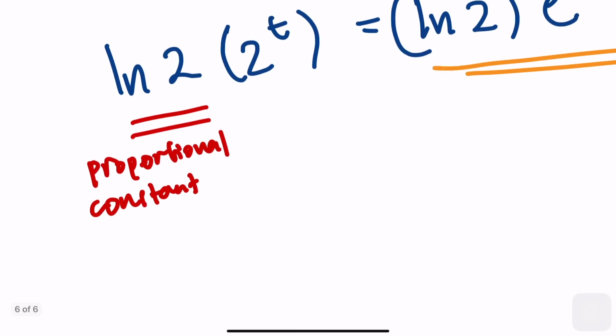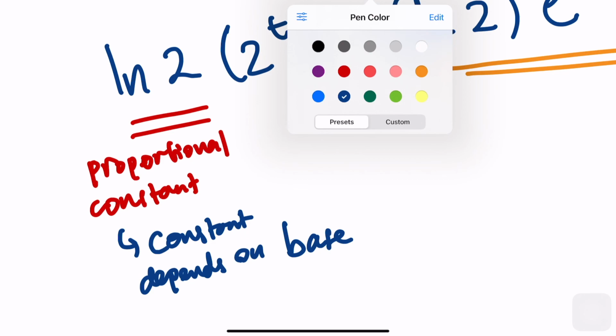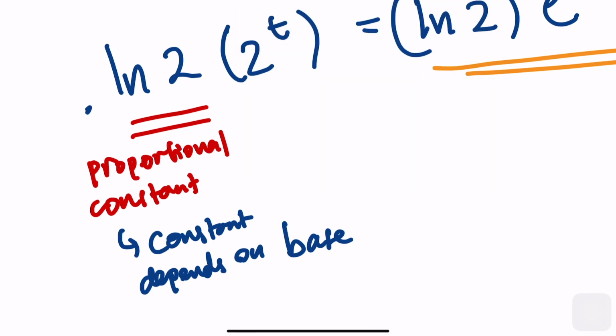A proportional constant means a constant that depends on the base b. This ln 2 here is actually our constant, 0.693 and so on.